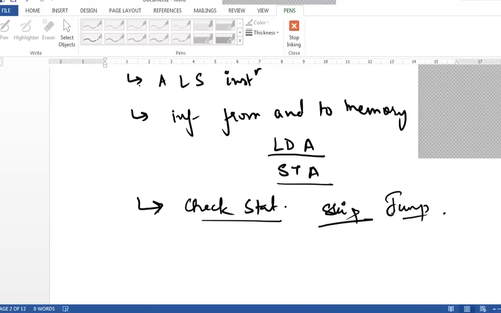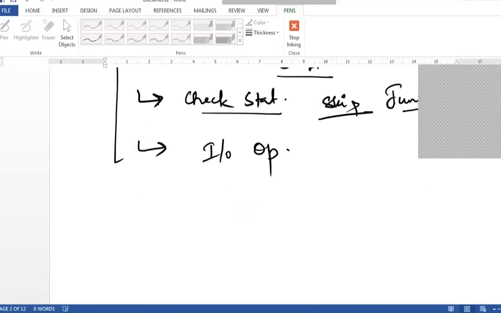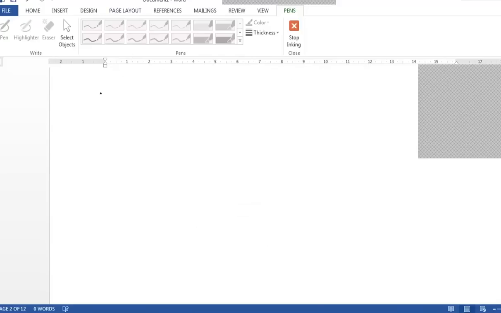Then I should have some instructions which help me to skip or jump to a particular location, and finally input output operations. All these make up the complete set of instructions required for designing a basic computer. Now we'll be moving ahead and seeing the control organization, timing and control.